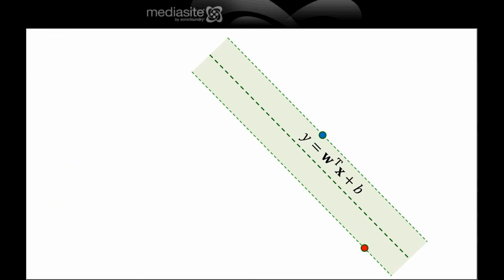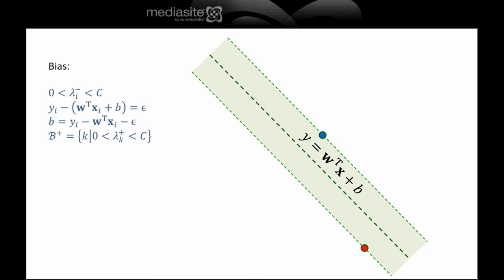So let's go back. These are the points which lie exactly on the borderline of the margin, and these will be used to compute the bias. So for the blue points, lambda I plus is strictly between 0 and C, and so I collect all those points, and that's my set B plus.